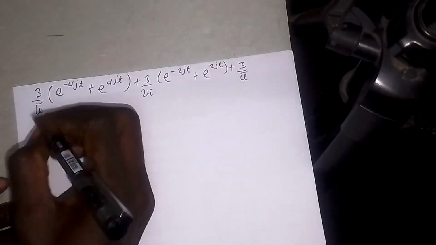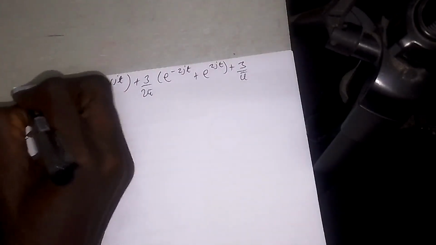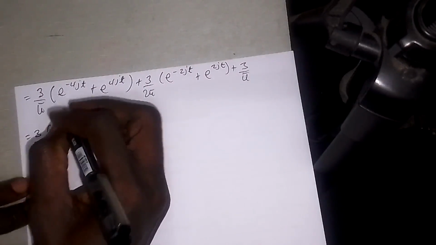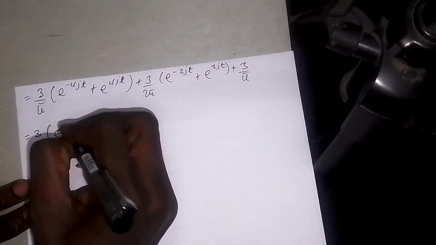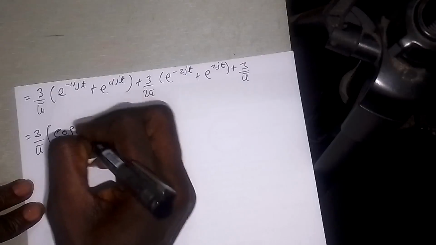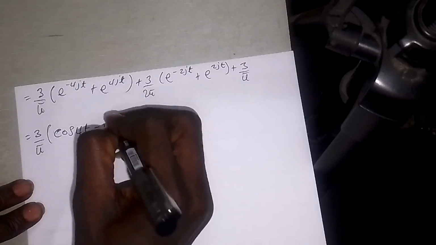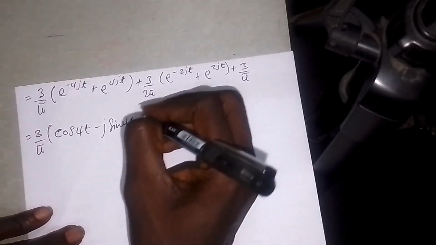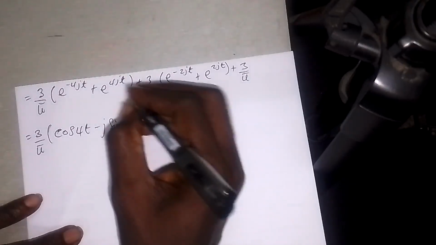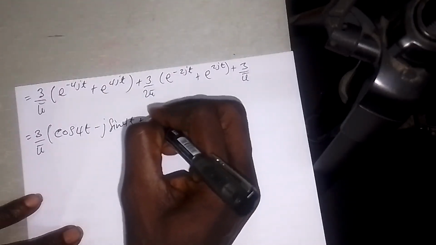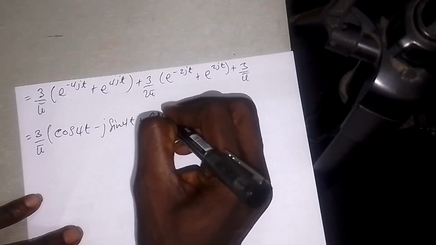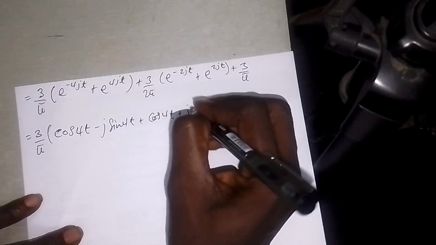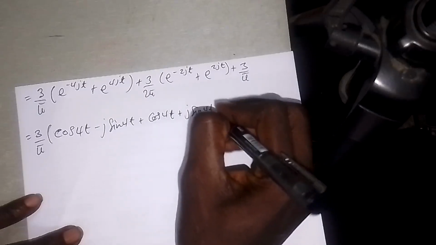Now here I'm going to have 3 on pi into cos 4t minus j sine 4t, and then plus cos 4t plus j sine 4t.